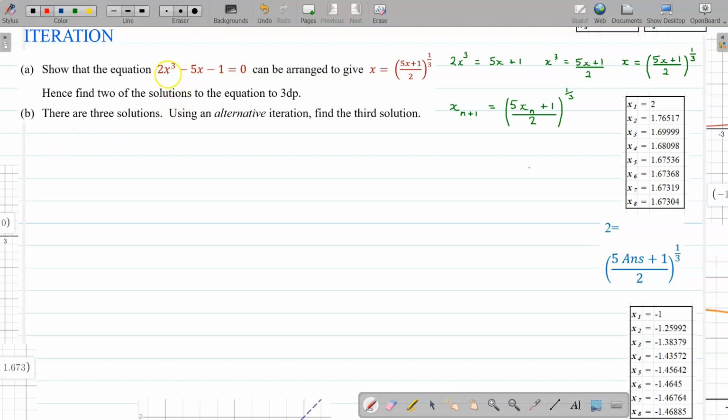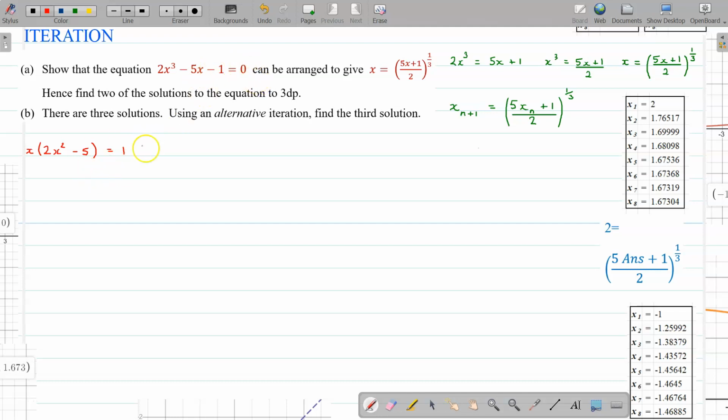So my original function here can be written as x times 2x squared minus 5, and I can set that equal to 1.